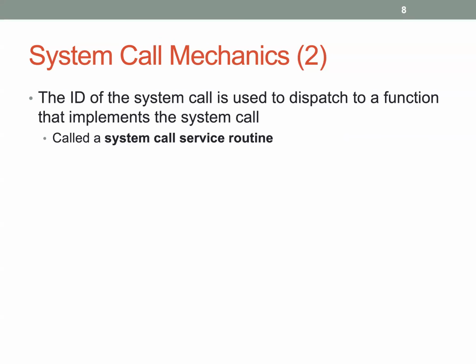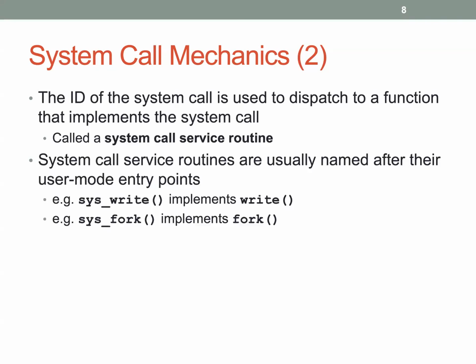The actual implementations of the calls are called system call service routines. You'll sometimes see it abbreviated SCSR, but I try to avoid ever doing that because it's kind of a confusing thing to have an acronym for. But the service routine for the system call is the function in the kernel that implements the operation. So if you have an operation like write or an operation like fork, the kernel might have a function called sys_write, sys_fork.